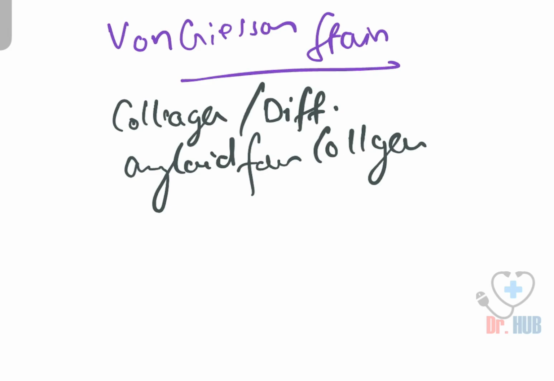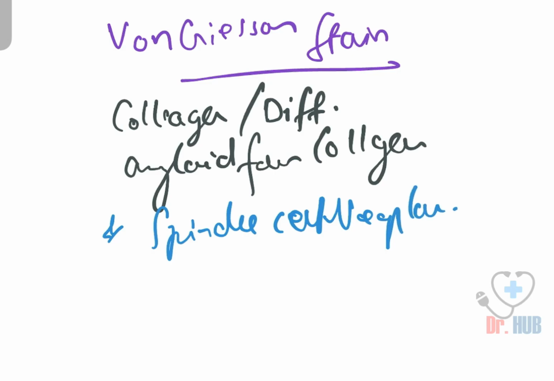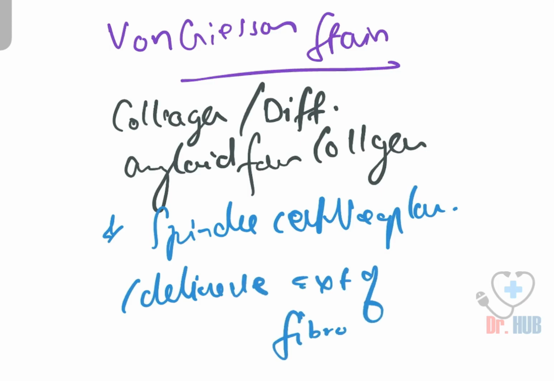Next, we look at the disorders it is associated with. It is associated with spindle cell neoplasm, as well as delineating the extent of fibrosis.